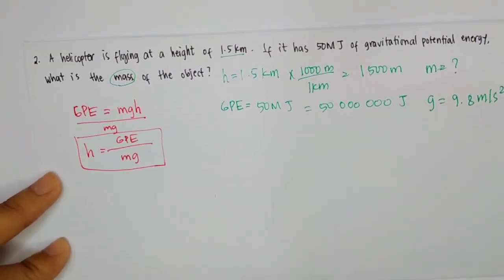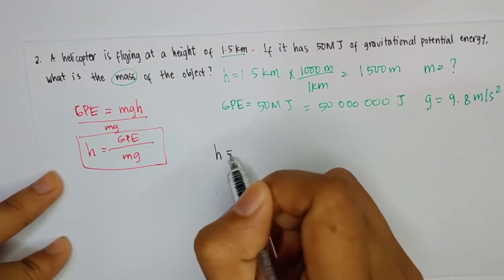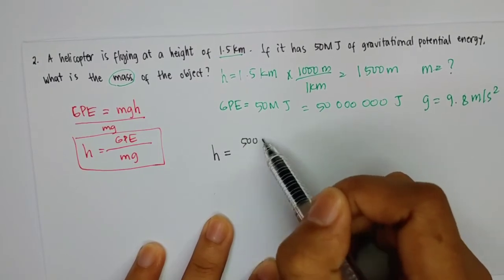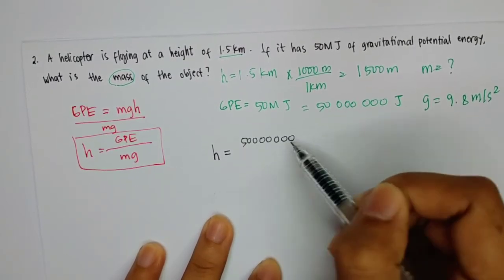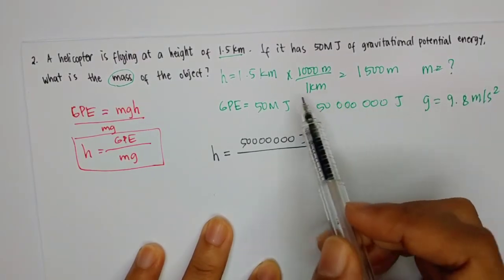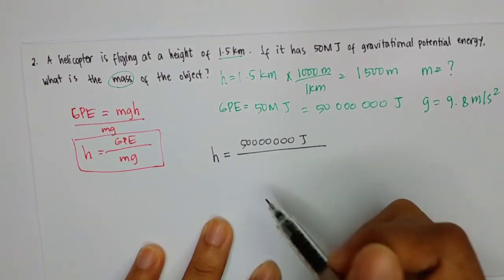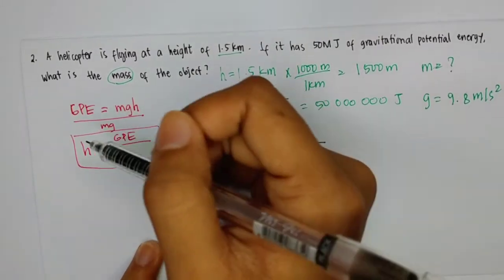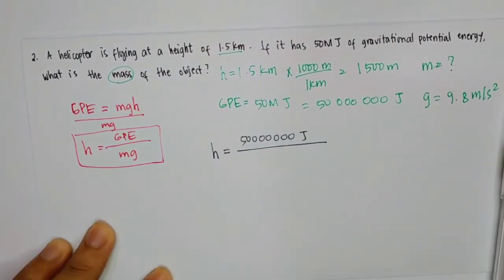So what is our GPE? We have 50 million joules all over, sorry, that's wrong, it is the mass we are looking for.